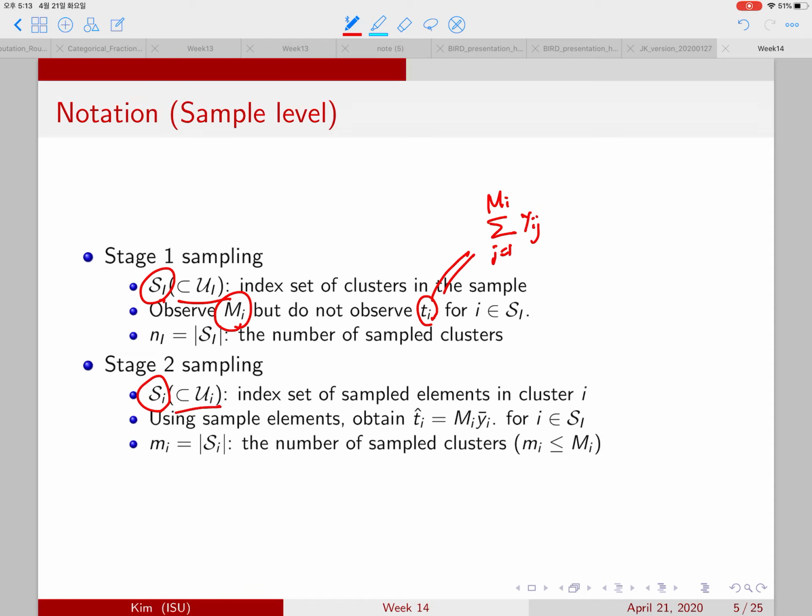U_i is the population, and s_i is the sample for cluster i, a subset of U_i, the set of sampled elements. Using the sampled elements, we compute the sample mean and multiply by capital M_i to get T_i hat. Capital M_i is the number of elements, the population size, and small m_i is the sample size.